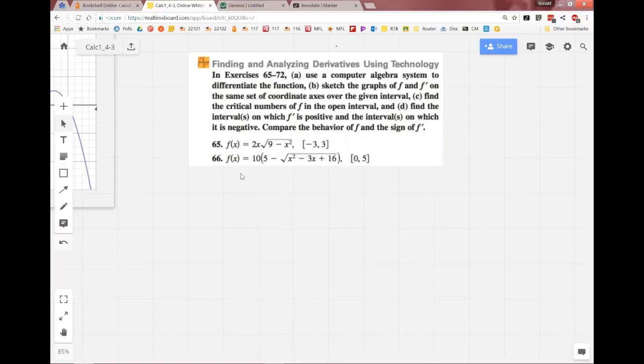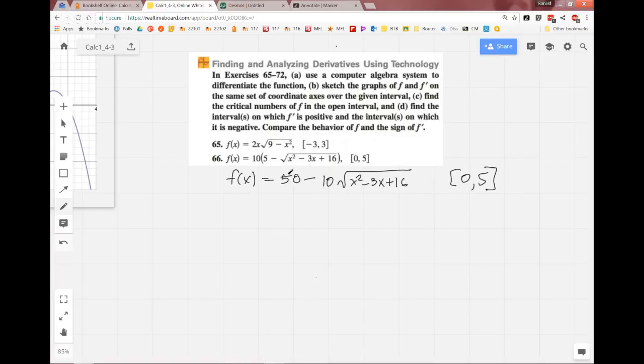So I suppose we could multiply that 10 out? And then it would read, so after we do this on the computer, sketch the graphs of f and f prime on the same set of axes.